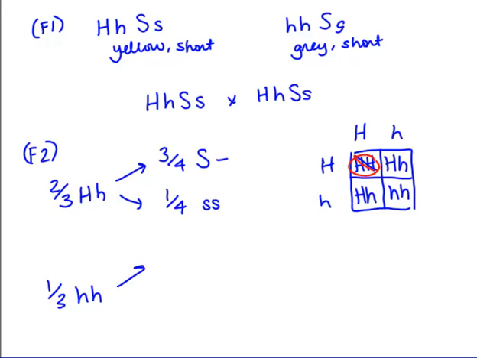Now the same for down here. And this is just because they're asking for phenotypic ratios. If they wanted the actual genotypes, you would want to separate that out into homozygous dominant and heterozygous. But here we can just put them together and save some time. So now here's this genotype.